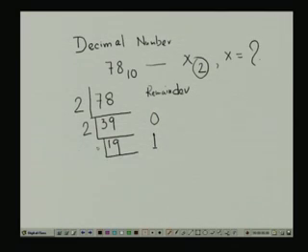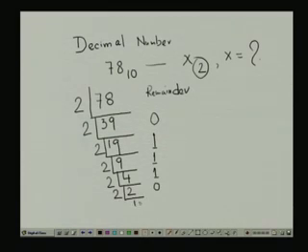Again dividing by 2, 9, remainder is 1. Again dividing by 2, remainder is 1, again dividing by 2, remainder is 0, again dividing by 2, remainder is 0, and again dividing by 2. Now my quotient becomes 0 and this remainder is 1.